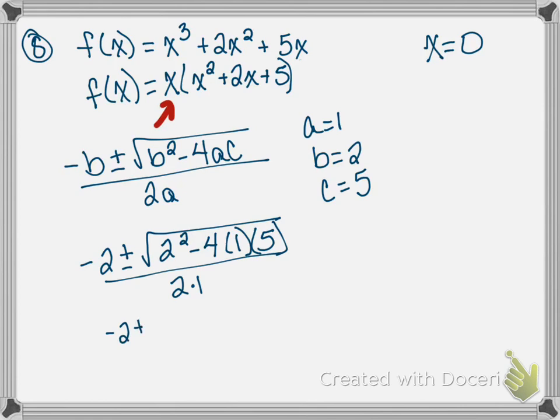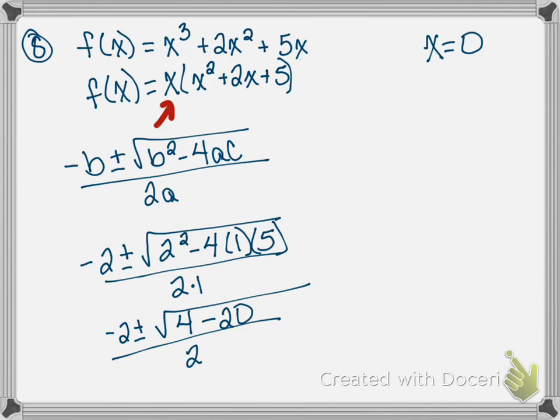Okay, so then we're going to simplify what's in the square root. 2 squared is 4, and that's going to be minus 4 times 1 times 5, which is 20, and that's all over 2. 4 minus 20 is negative 16, so I'm going to erase some of this. Okay, so I have negative 2 plus or minus the square root of negative 16.